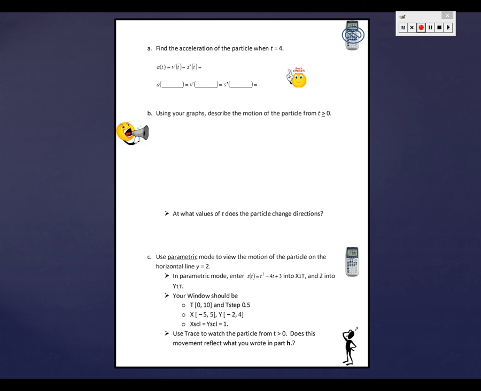Yeah, so if the velocity is positive and the acceleration is negative, that means that you're going this way, but you're doing so more slowly all the time, right? There's another case too when you'd be slowing down. When would that be? If you're going this way, your velocity is negative and your acceleration is positive, right?